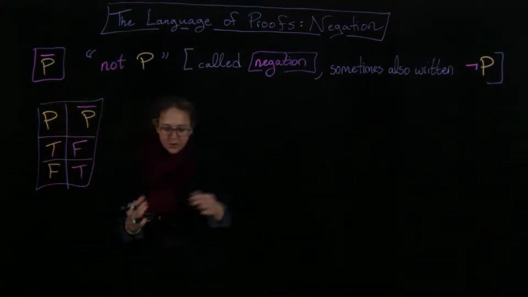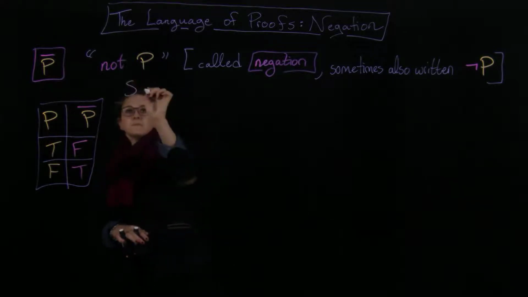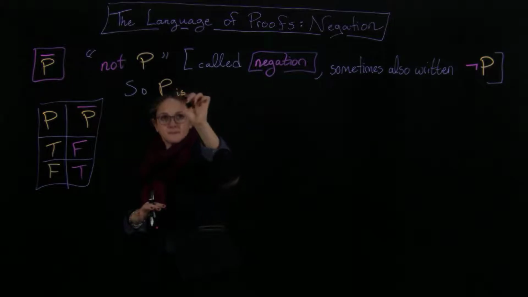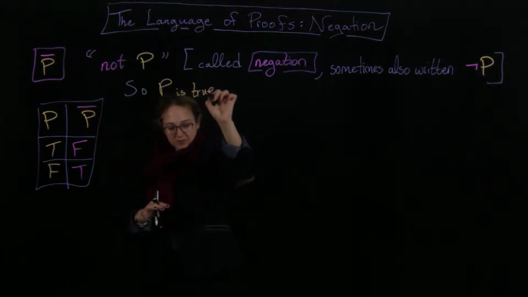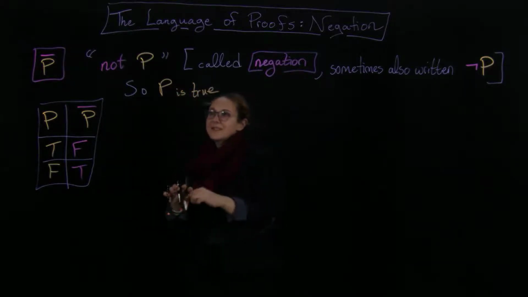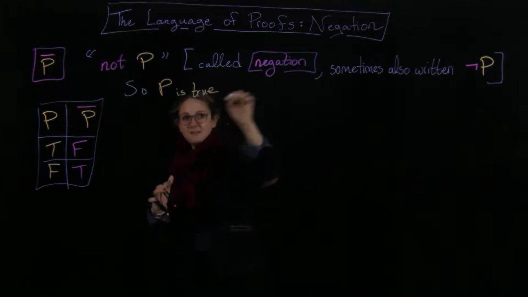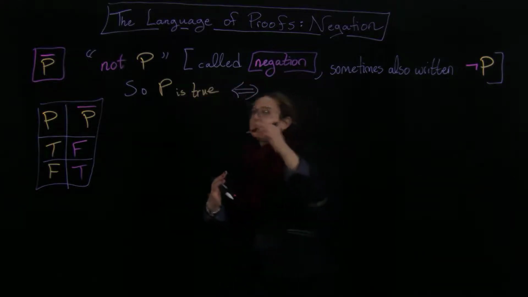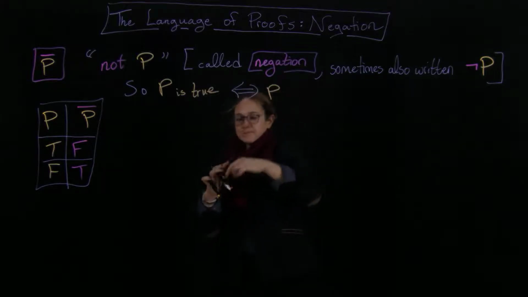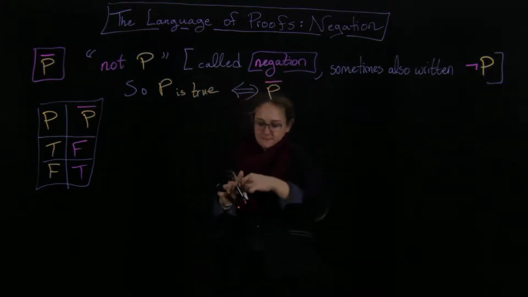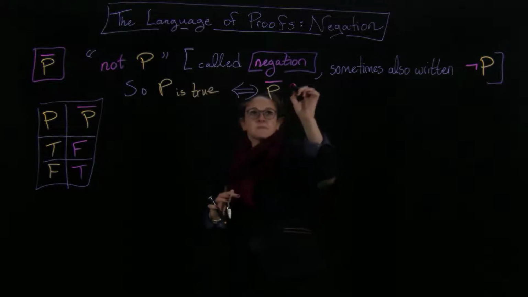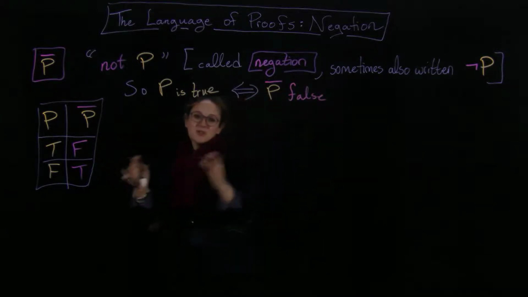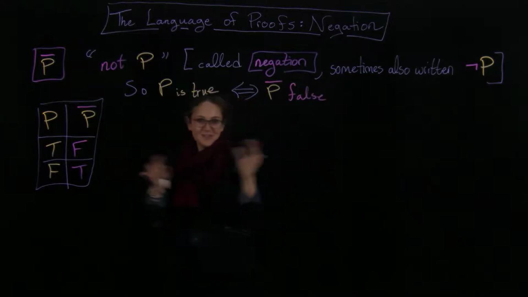Okay, so P is true precisely when, or if and only if, P bar is false. Right? So P is true when P bar is false and vice versa.